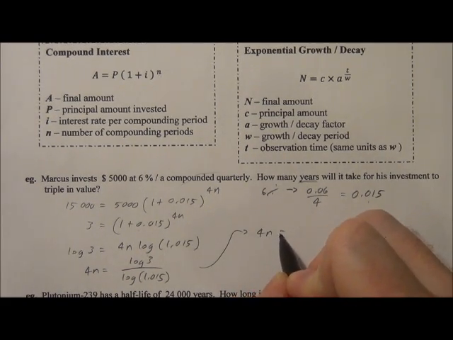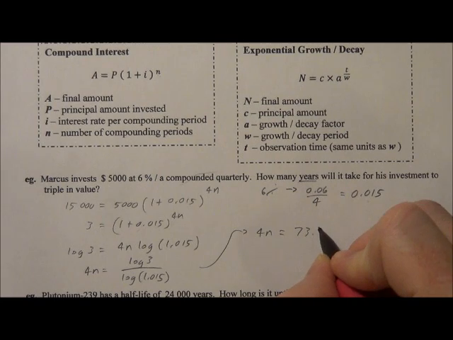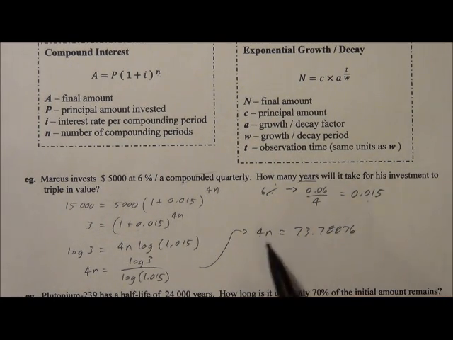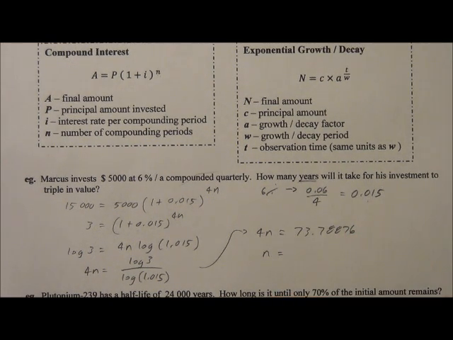And so 4n equals, please do that calculation, 73.78876. And so that's the number of compounding periods. So we divide both sides by 4.